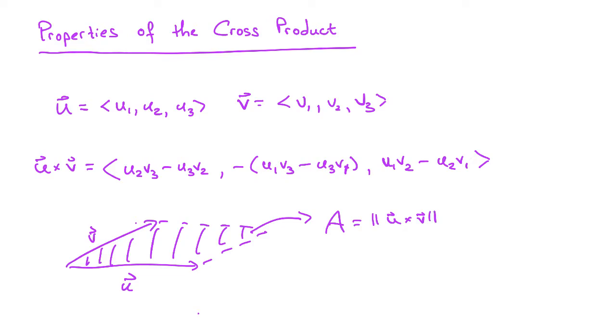Furthermore, if the angle between those two vectors is theta, then this is the length of u times the length of v times the sine of the angle in between.